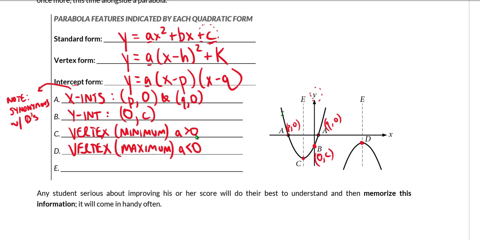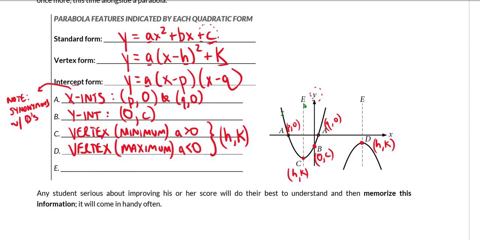And recall that your vertex in either case, this is probably the most important thing, your vertex is (h, k), that is from vertex form. So whatever is in this h position here, whatever is in this k position here, those values in those positions will be the x and the y coordinate at the vertex, whether that vertex be a minimum or a maximum.